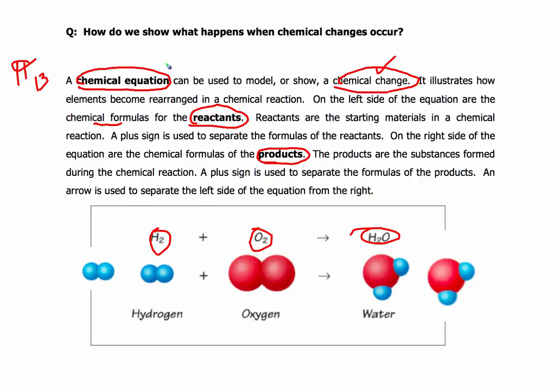So what is a chemical equation? Well, a chemical equation is a scientific expression or sentence showing a chemical change.